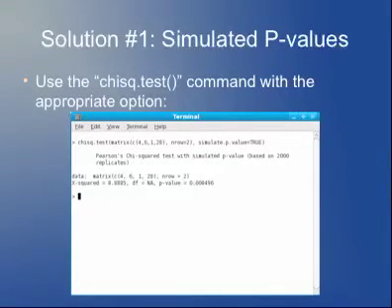Well, one way to do it is to simulate your p-values. So I just do chi-square.test again, but I add this parameter simulate.p.value equals true.